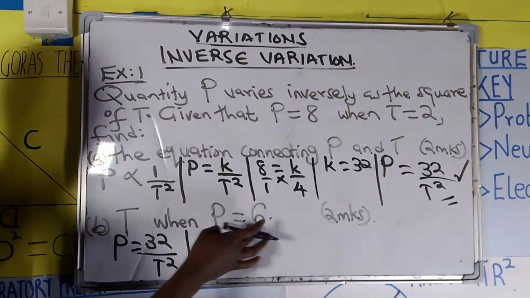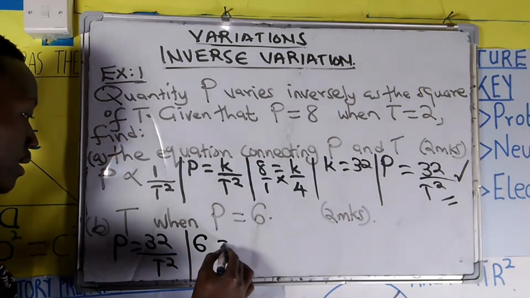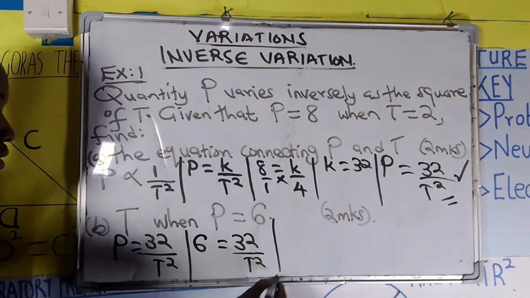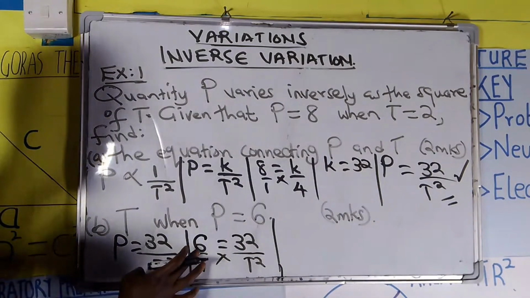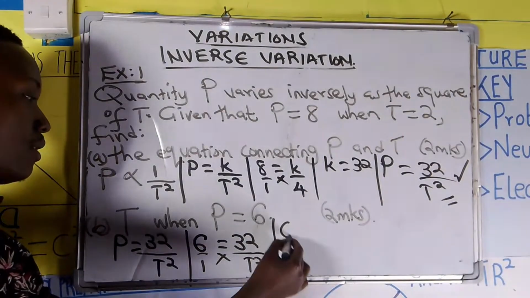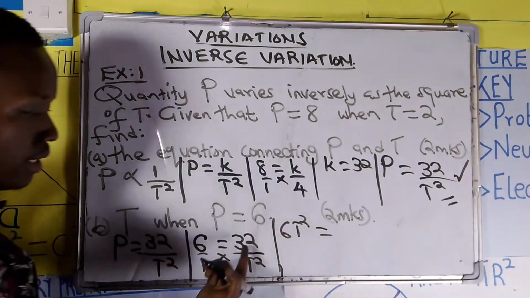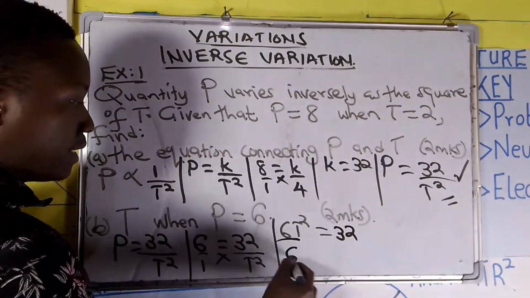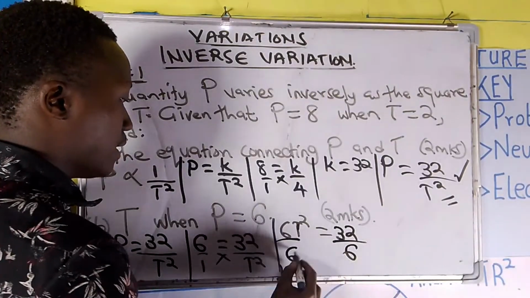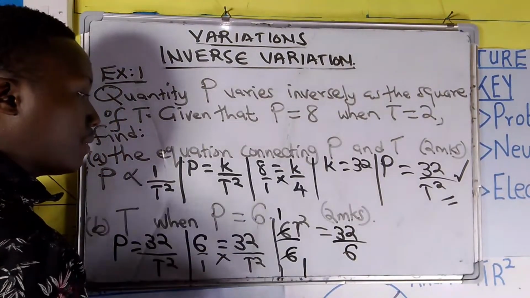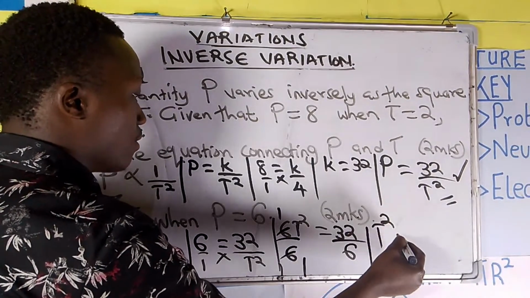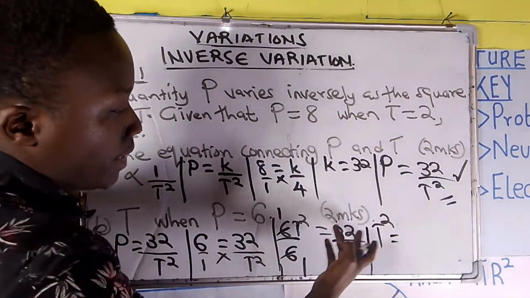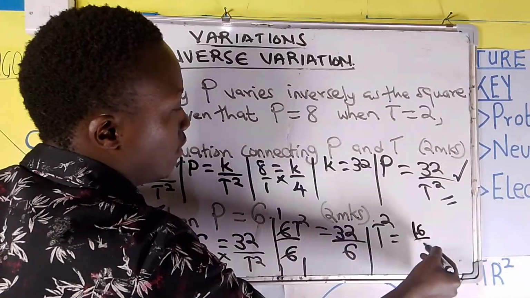So tutakuja to replace P na 6, ikuwe 6 is equals to 32 over T squared. So cross multiply, 6T squared is equals to 32. So we divide both sides by 6, and we will get T squared as 32 divided by 6, which is 16 over 3.